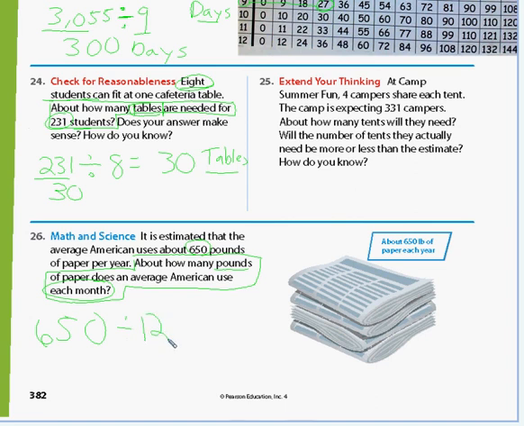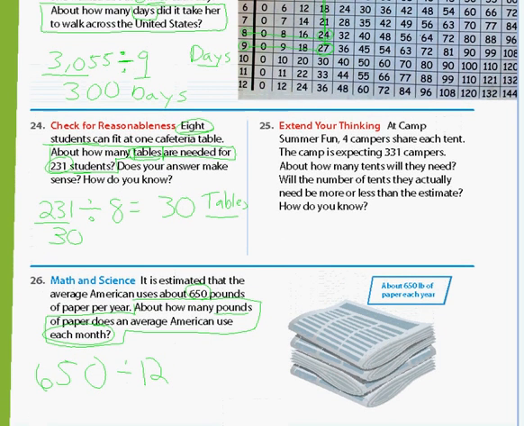If I use a strategy that we used before, we'll try it out and see how it works. Since 12 is our divisor, we're going to see how many times 12 goes into 65.